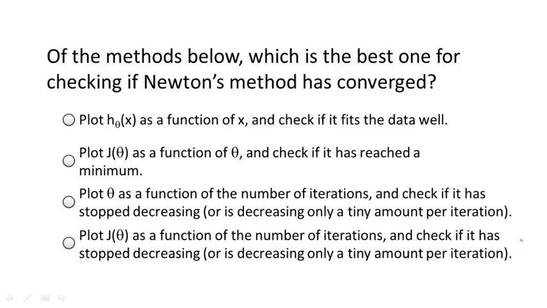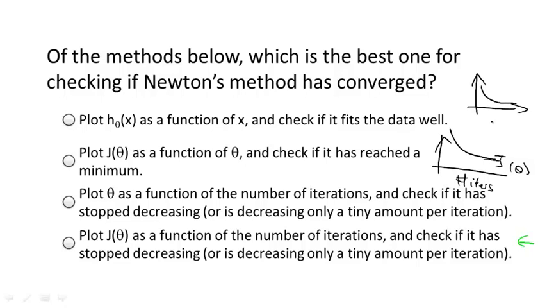Hopefully you got that this last choice is the right answer. In particular, as we often do for gradient descent as well, you can plot your optimization objective as a function of the number of iterations and check that it has flattened out, where the horizontal axis is the number of iterations. This is often a good way to test it has converged.